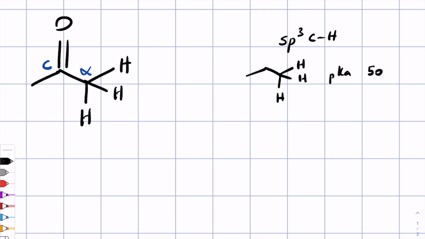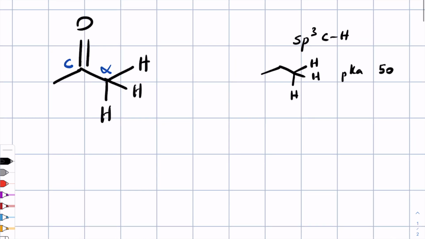However, if you come over here and look at this related compound, we still have an sp3 carbon-hydrogen bond, but the pKa of this proton is 20. So that's 30 orders of magnitude, 10 to the 30 times more acidic.